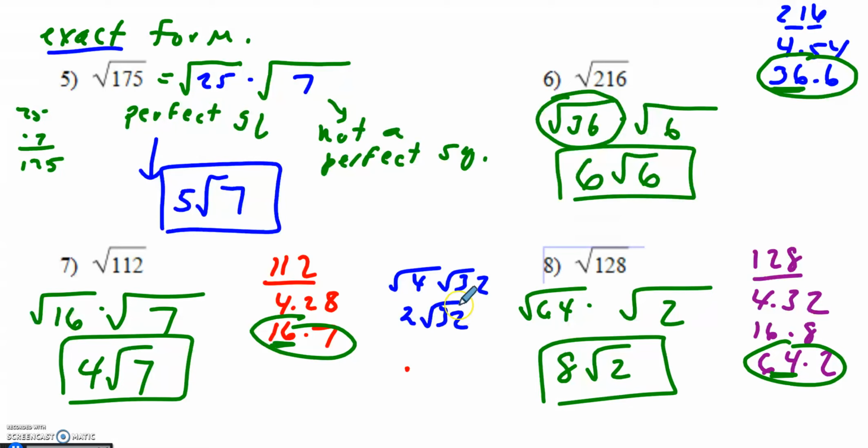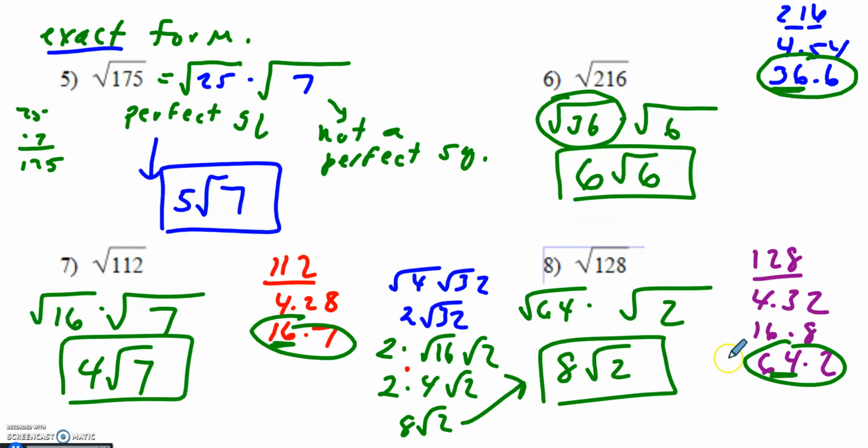But then you would have to recognize that 32 could be split again because I know that 16 times 2 is 32, and 16 is a perfect square. So then you would have 2 times 4 root 2, and 2 times 4 would get you 8 root 2. So you would get the same answer, but in the end it would be a slower process. So my goal again for you is to always look for the largest perfect square.